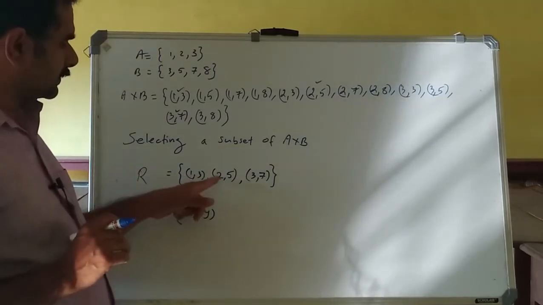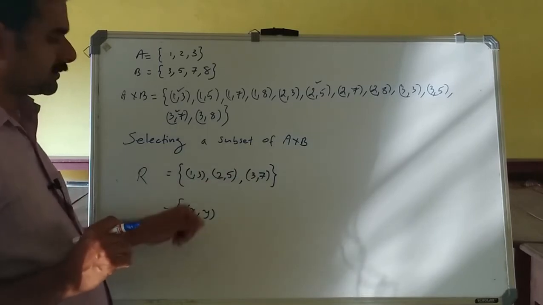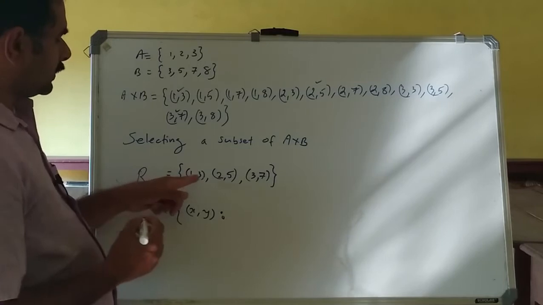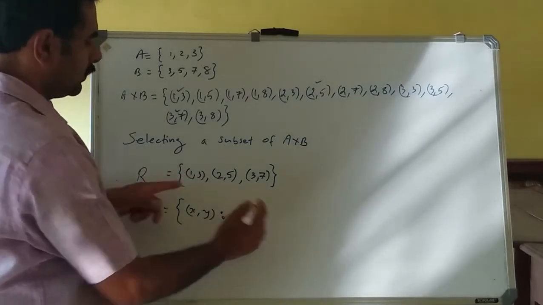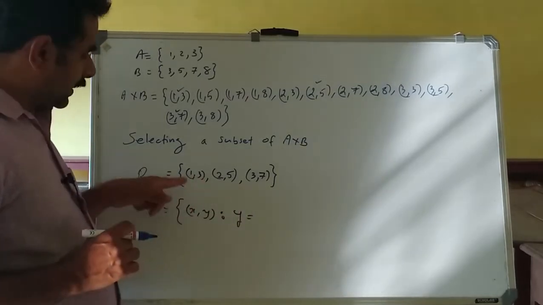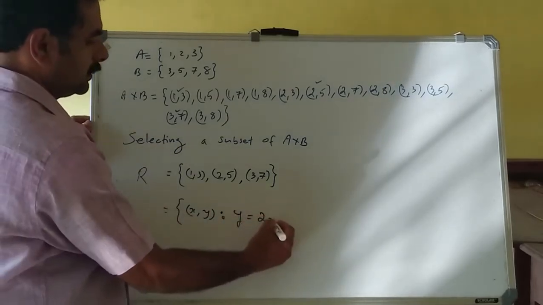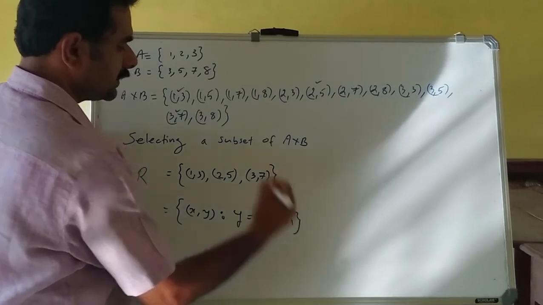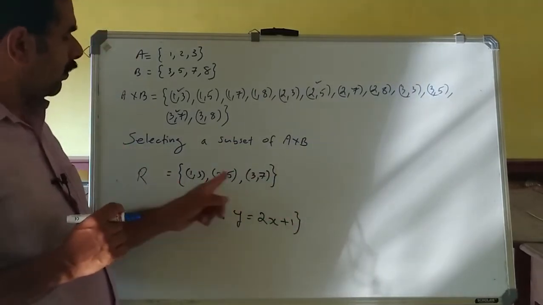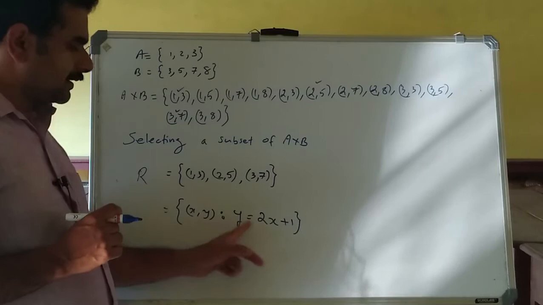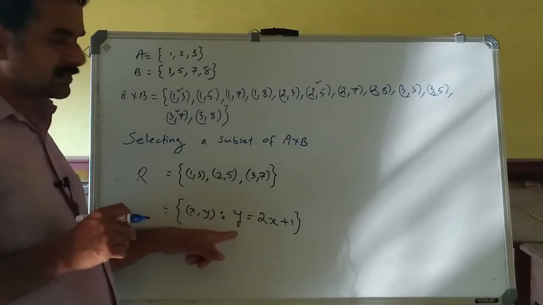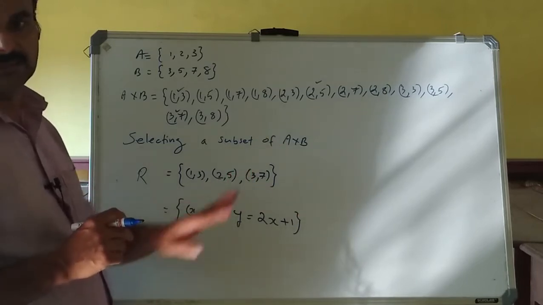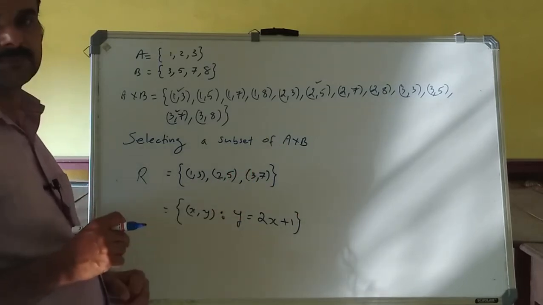Such that y is double of x, plus 1, that is y = 2x + 1. Clear? This is the set builder form of this roster form. We have discussed this term in the first chapter: set builder form, or rule method. So these two sets are the same.